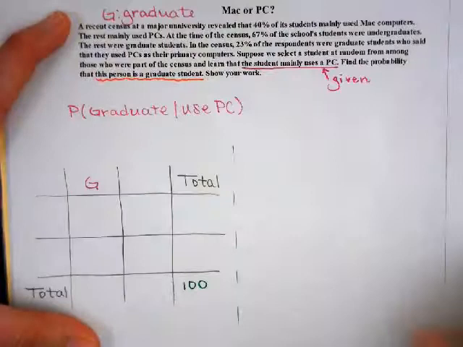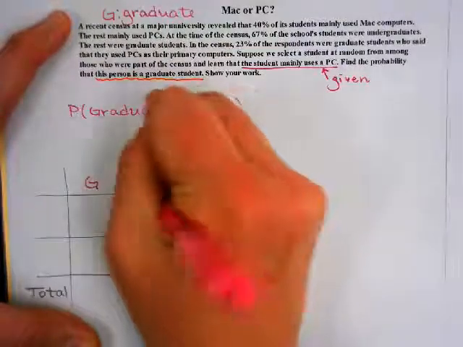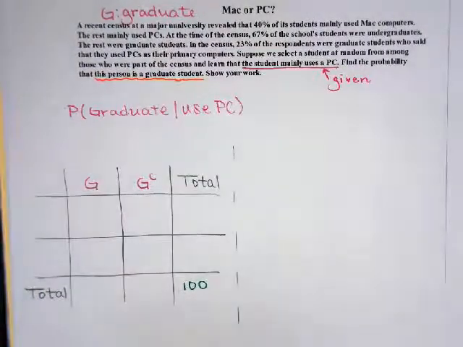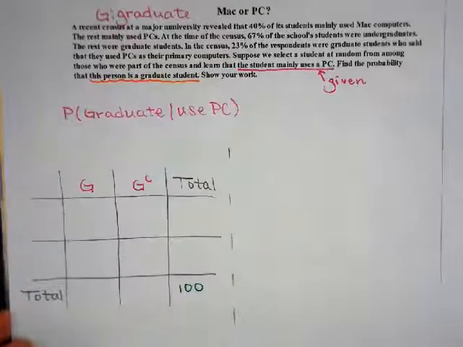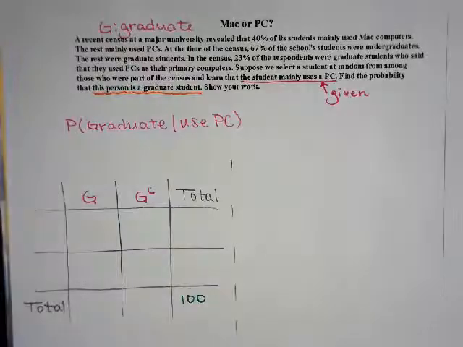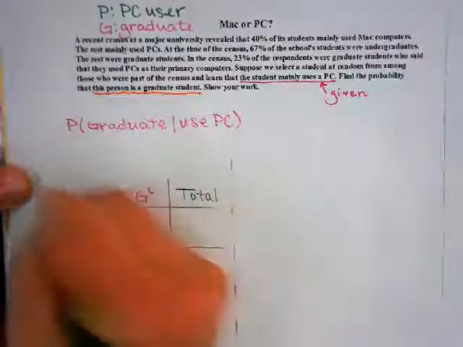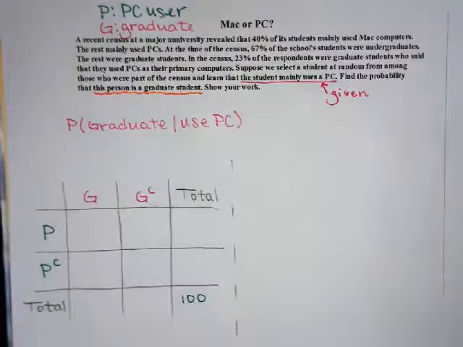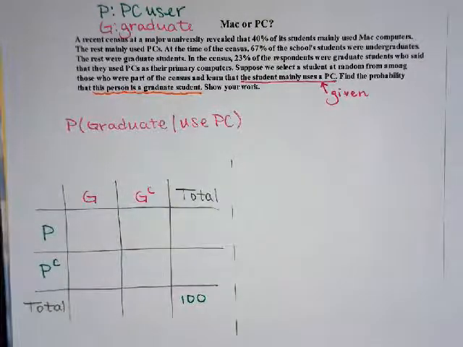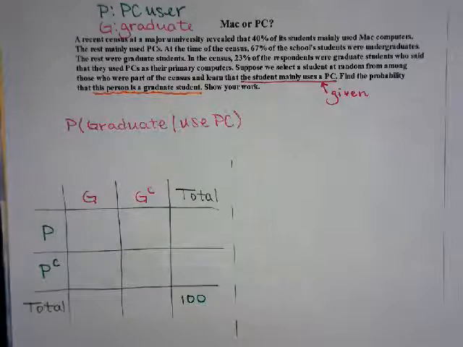And then P will be that they use a PC, PC user. So we have P and P complement. And then we're going to take the information they gave us and fill it in. So 30%... mainly Mac, so that would be P complement.